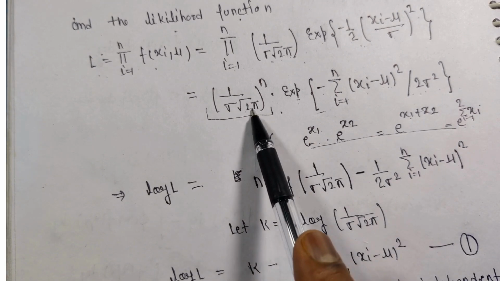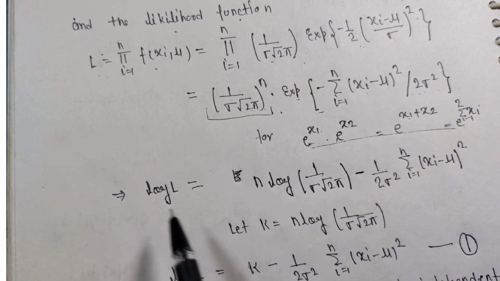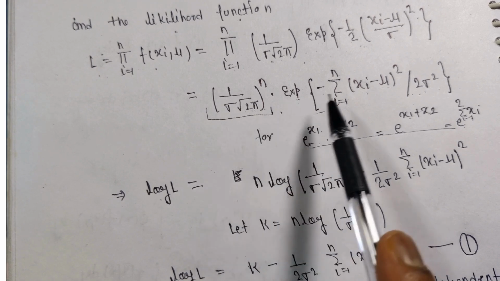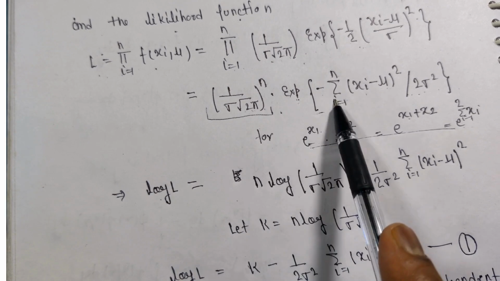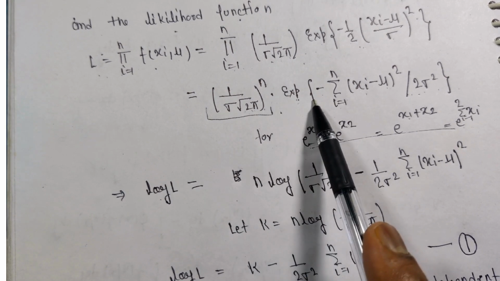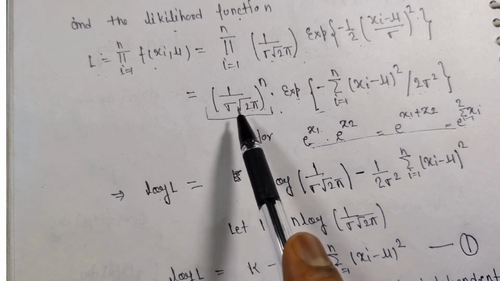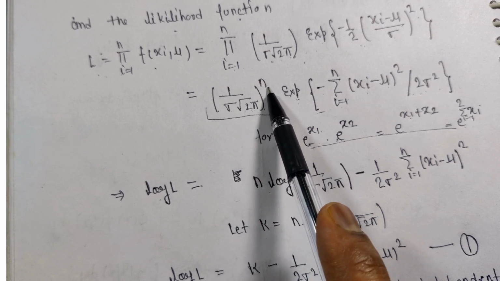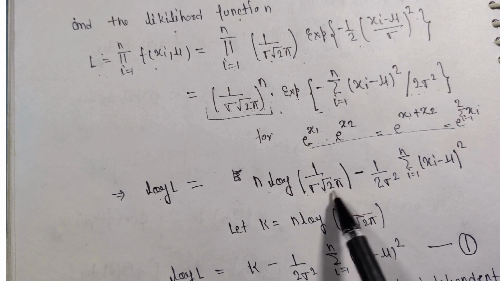Okay, now the next step is taking log of this equation. Taking log on both sides of this equation, we get log L is equal to, this is the first term and this is the second term, that means log of this term into this term, and by the log formula, log A into B means log A plus log B. So the first term is log of (1 upon sigma root 2 pi) to the power n, and by the log property we can write it as n log (1 upon sigma root 2 pi).